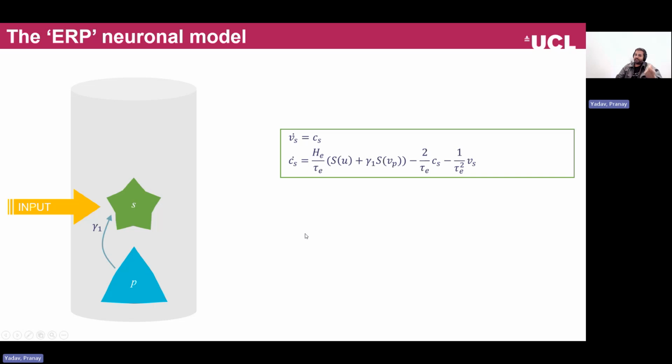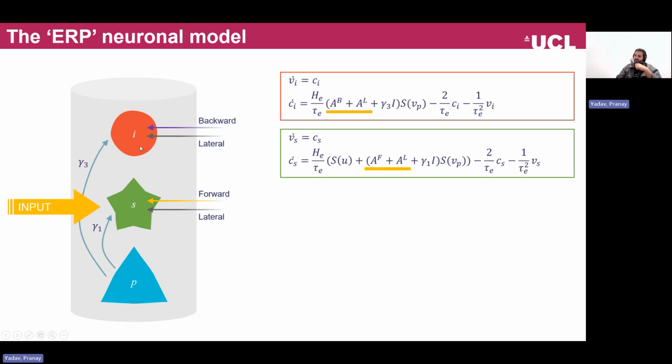Right. So now we need to update our equations to accommodate these extrinsic connections in addition to these intrinsic connections that we saw earlier. And that's done by adding them to the input of the pyramidal population. And that's what that looks like. So for the spiny stellate cell population, which receives forward and lateral connections, these are the two additions. Similarly, for inhibitory interneurons, which receive inputs from backward and lateral connections, these are the additions.